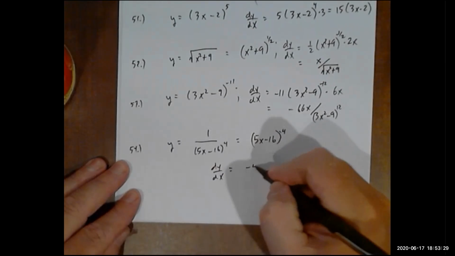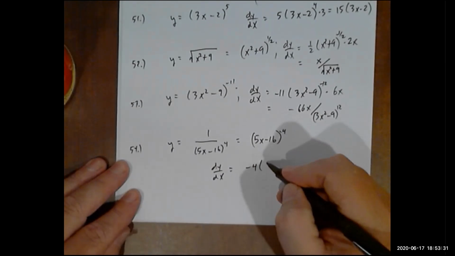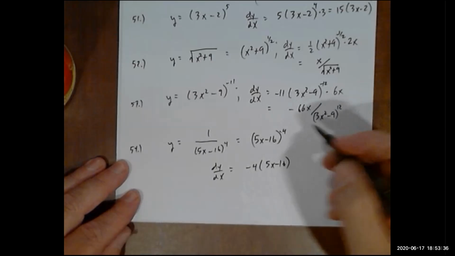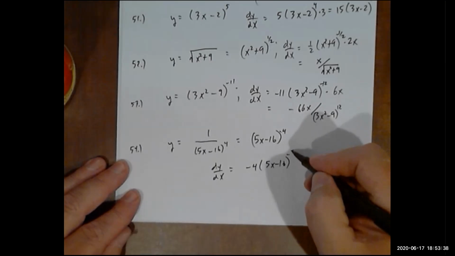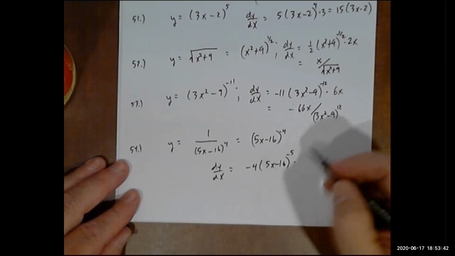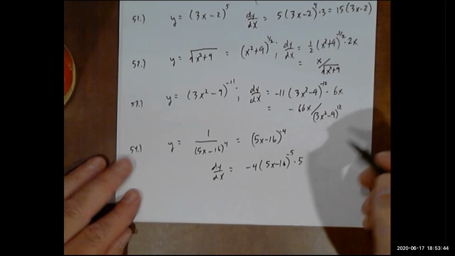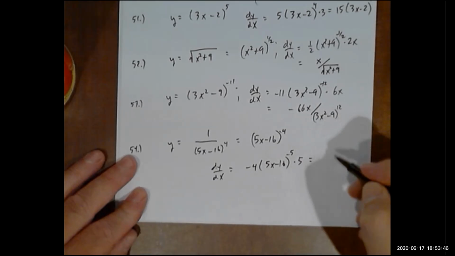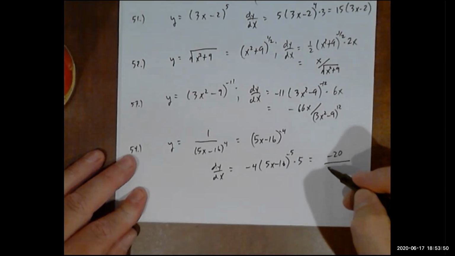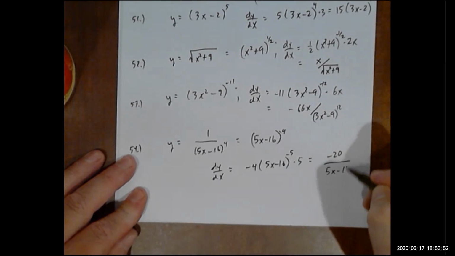So -4, copy down what's inside the parentheses, subtract 1, multiply by the derivative of what's inside the parentheses, which is just 5. So it's like negative 20 over 5x minus 16 to the 5th power.